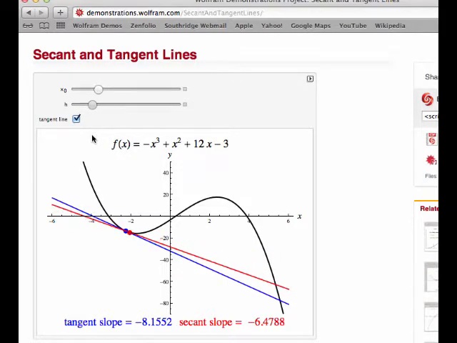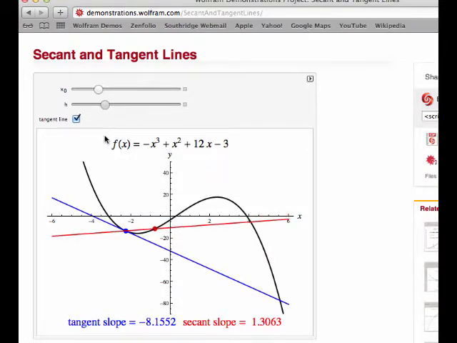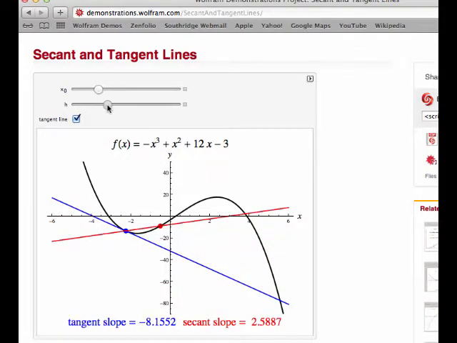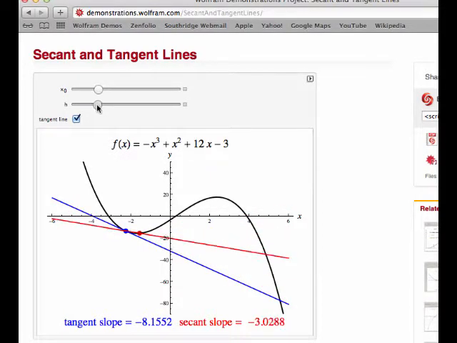And that's really what a tangent line is. It's the line the secant line becomes as the 1 point approaches the other, as the horizontal distance H approaches 0. Okay, so the secant line is slowly, and you can see the slopes at the bottom, the slope of the secant line is approaching the slope of the tangent line. So the blue line's a tangent line because the slope of the secant approaches the slope of that blue line.